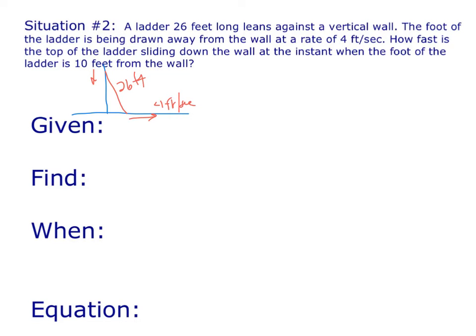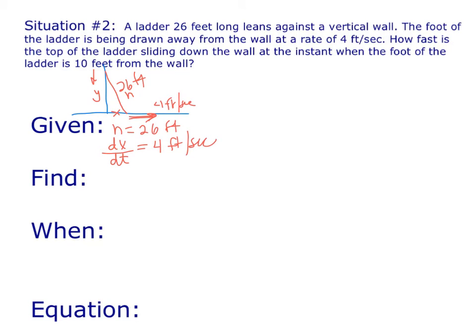We want to find, I think what I'll do is I'll call this x and this y, and then the hypotenuse I'll just call h, right? So down here, what is given is that h is 26 feet. And then dx dt, this x value, is 4 feet per second.